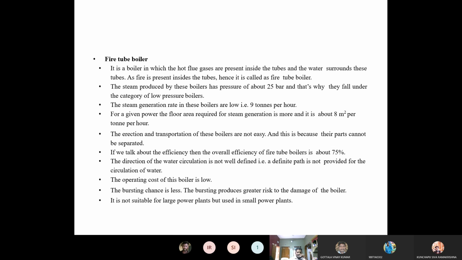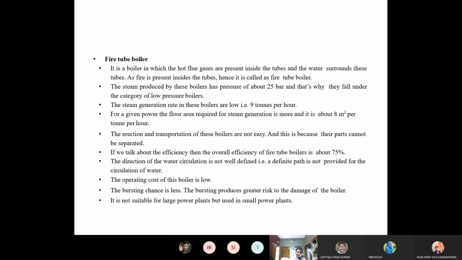The erection and transportation of these boilers are not easy, because their parts cannot be separated. As we talk about the efficiency, this efficiency is 75%. The direction of water circulation is not well defined, and the operating cost of this boiler is low.